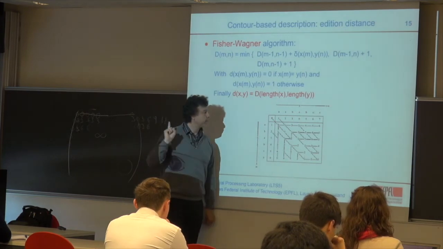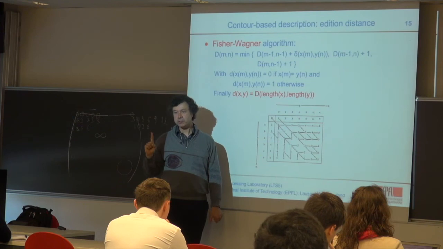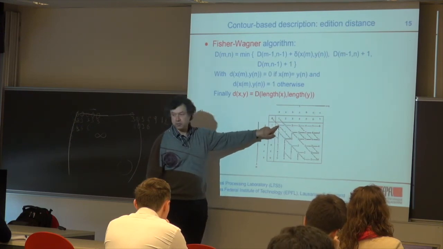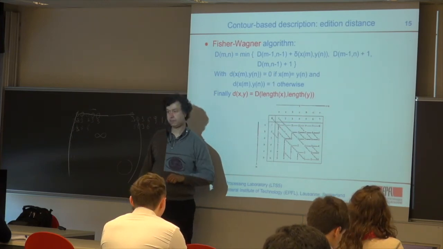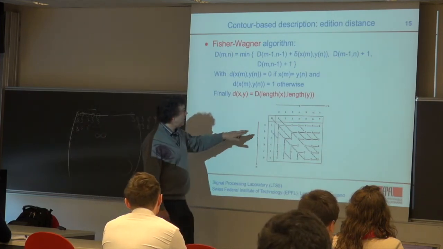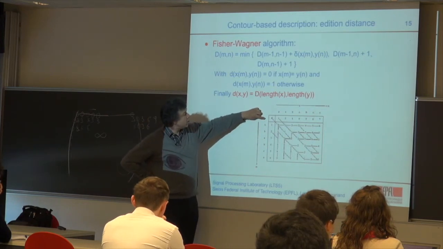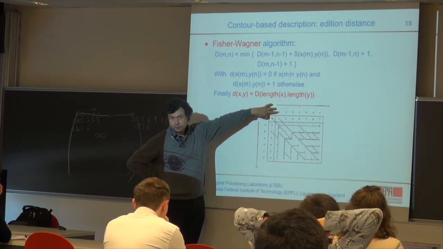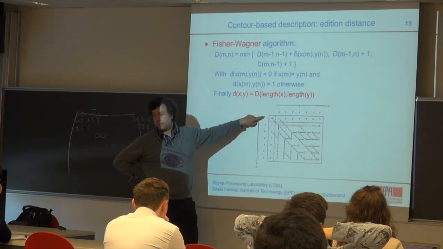Now look. What is the minimum number of operations to fill this box, to go from A to A? There are three ways. Either you say, it's pretty much the same as going from empty to A, the same number of operations, plus one deletion.